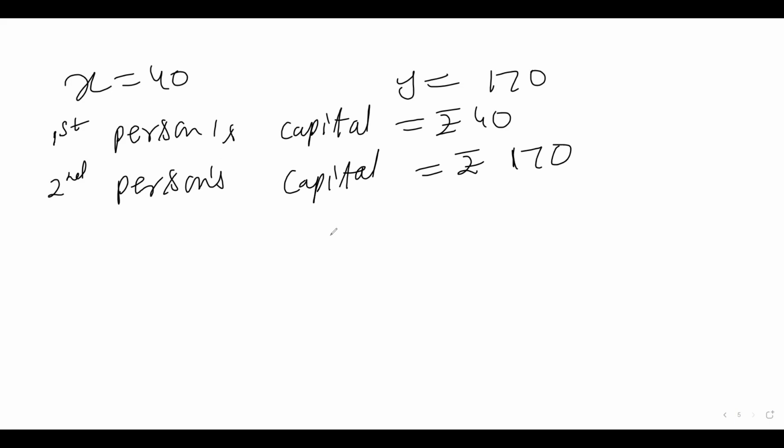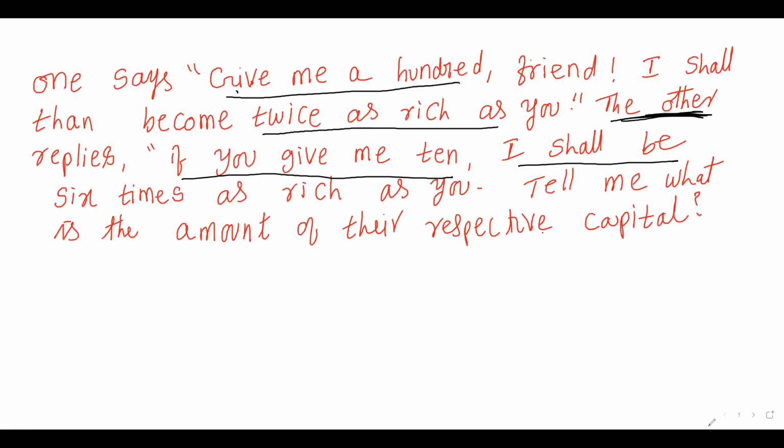Got it? I will try to verify this part. Let us go back to the question. X is equal to 40. Y is equal to 170. I will verify first condition. See here.